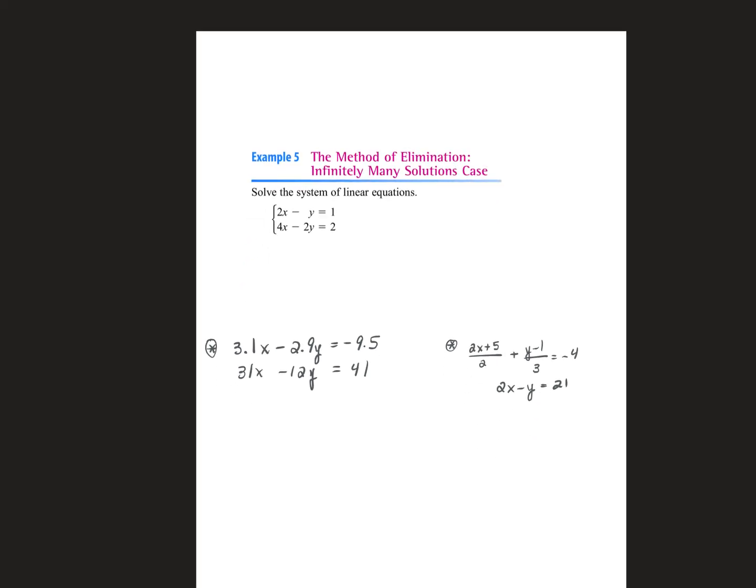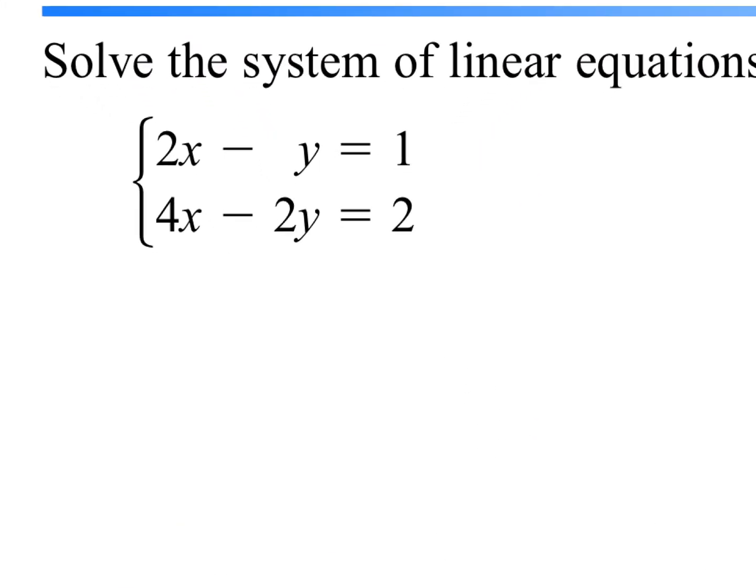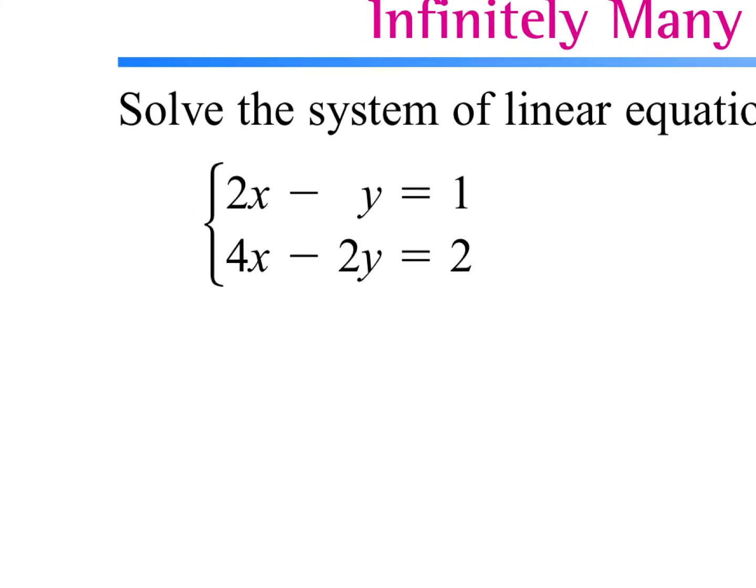All right, another one. Let's get rid of y's. I keep getting rid of the same thing, so let's get rid of y's on this one. So I'm going to have to multiply the top equation by -2. So I have -2 and -2 gives me -4x, -2 and -y gives me +2y, and -2 times 1 gives me -2.